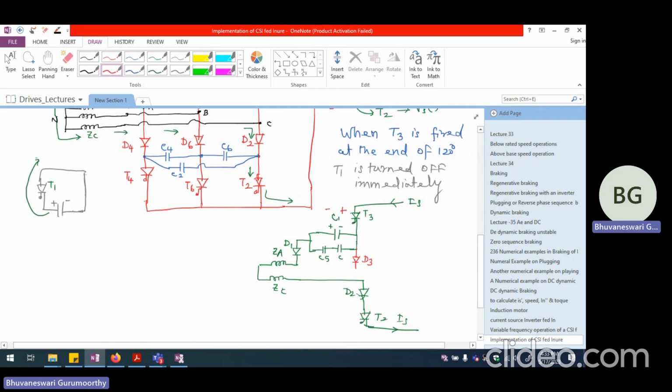But that D3 will be reverse biased because of this capacitance charge being negative here. So the anode is going to be on the negative side and cathode is going to be on the positive side. So if we call this as D3, D3 will be reverse biased.